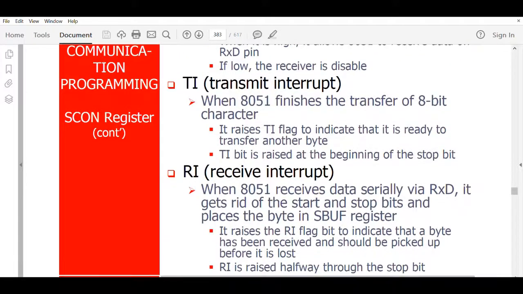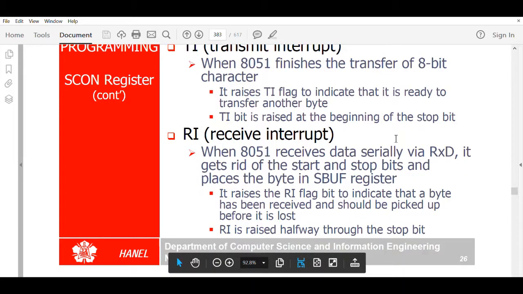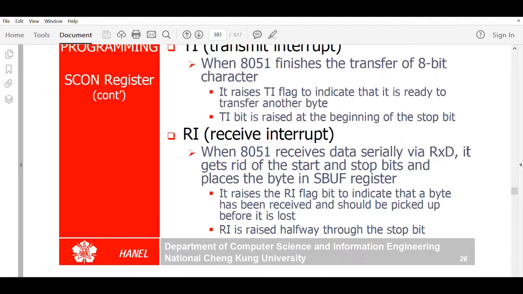Receive interrupt. When the 8051 has started to receive the data serially via RxD, it should deframe. That is, it should get rid of the start and stop bits and place the 8 bits of data in the SBUF register.